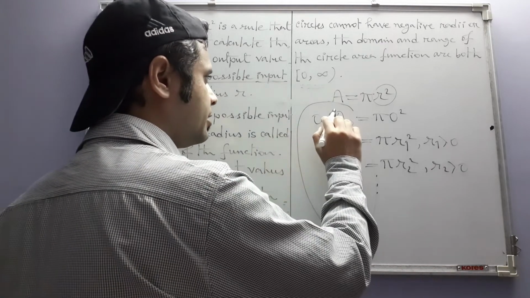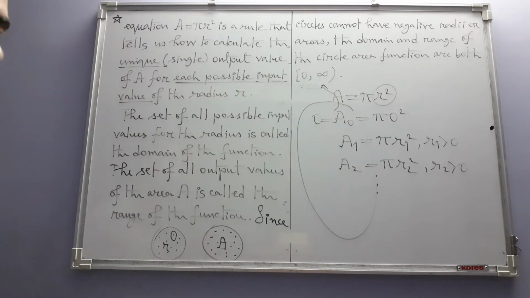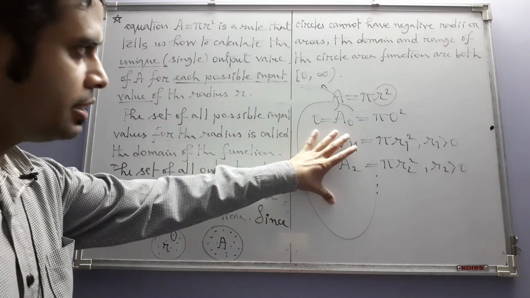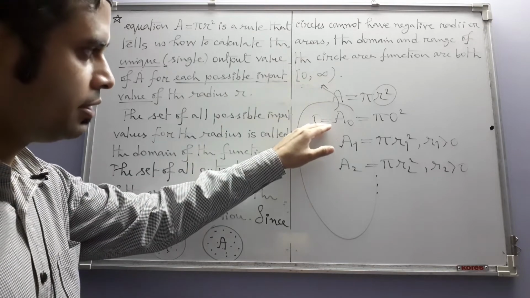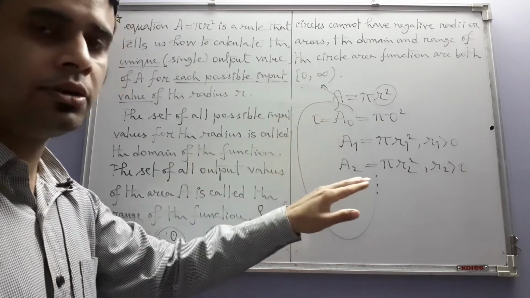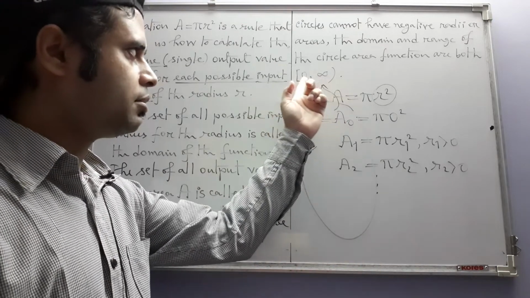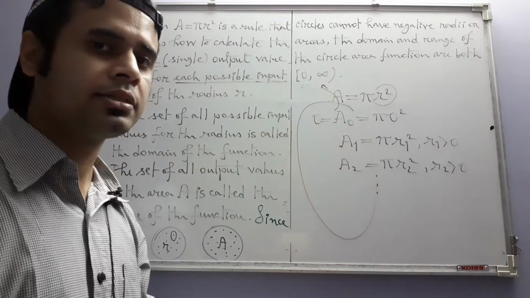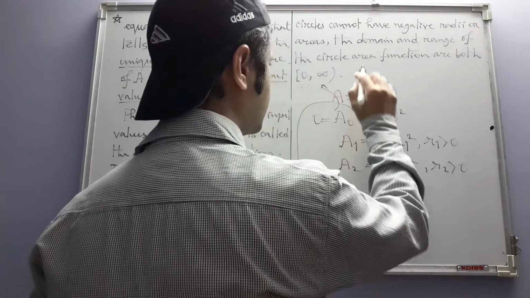How are we saying that this set is actually equal to this interval? Of course, this set is contained in this interval as a subset, because each area is either 0 or positive. But does every non-negative real number appear as the area of some circle? To see that, you choose any non-negative real number.